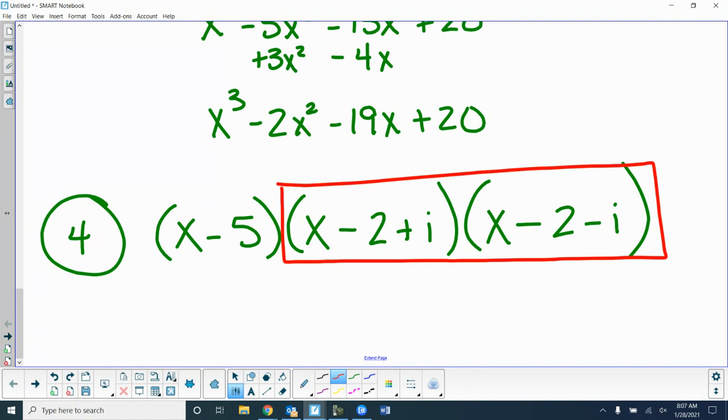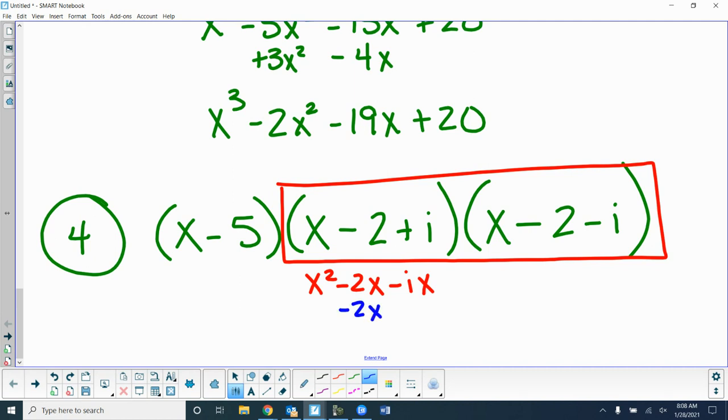Okay? So x times x, times negative 2, and x times negative i. Again, it doesn't matter if you go xi or ix. I always just go alphabetical. Okay, then I'm going to go negative 2 times x, which those would be like terms.